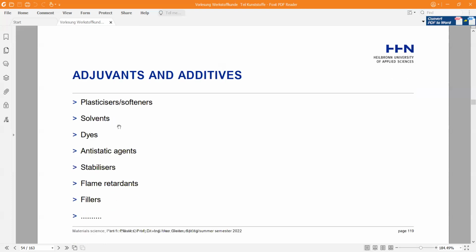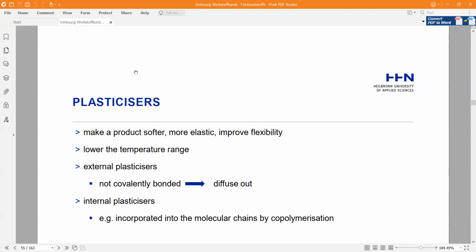Conjugants and additives. We have plasticizers, softeners, polymers, solvents, dyes, antistatic agents, stabilizers, flame retardants, and fillers. So we use plasticizers to make products softer, more elastic, more flexible, lower the temperature range. External plasticizers are not covalently bonded, so they can diffuse out.